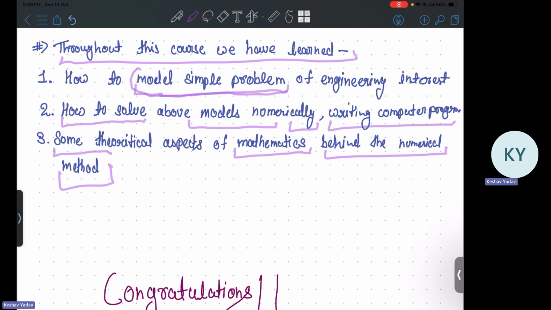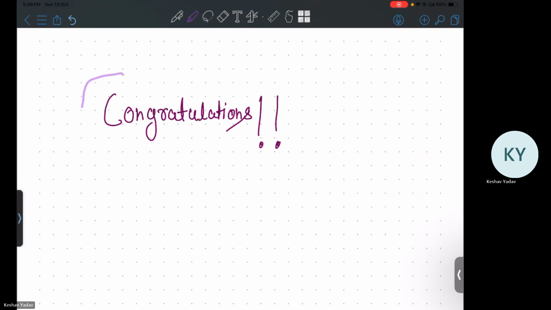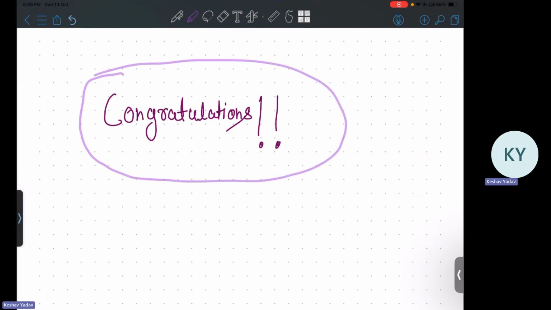So by completing this course, you would be able to make a model of a simple problem, solve it numerically and write its computer program.